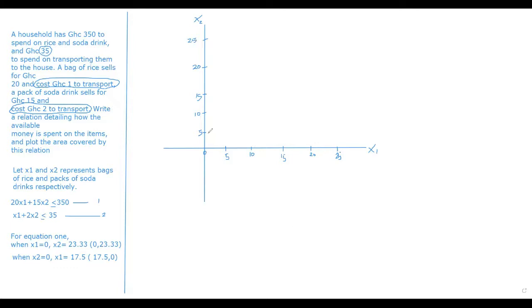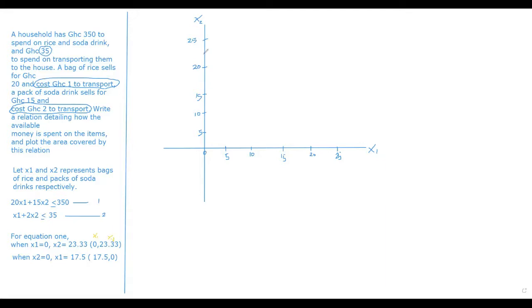Okay, so let's draw the first one. If this one is X1, this one is X2. If X1 is 0, S2 is what? 23.33. So where do you think that one will fall? Is it on the S2 axis or on the S1 axis? S2 axis, so it will be here.